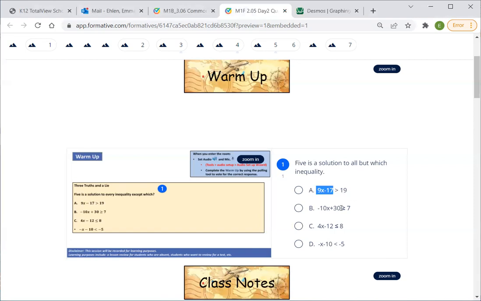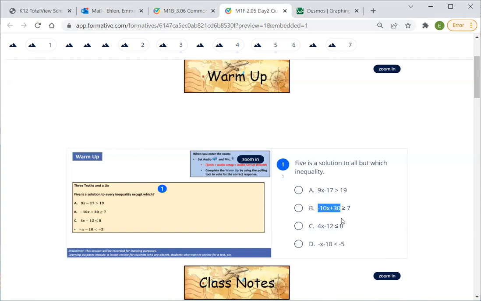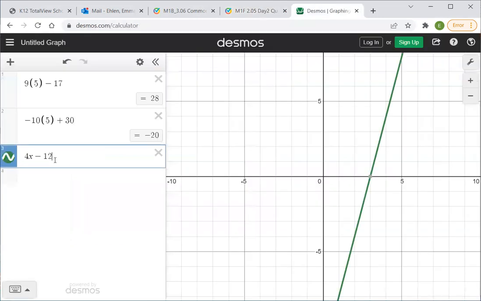Yes, it is, so that one is a solution. Next one we have is negative 10, and I'm going to plug in a 5. So negative 20. Is negative 20 greater than or equal to 7? No, it is not. So that one already seems like the answer, but let's go ahead and try the rest of them just to be sure.